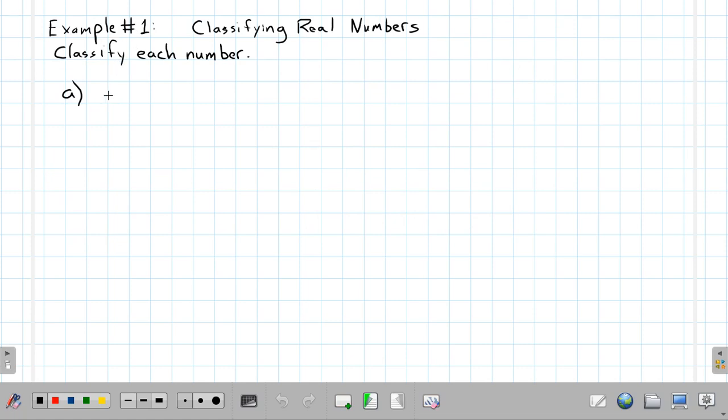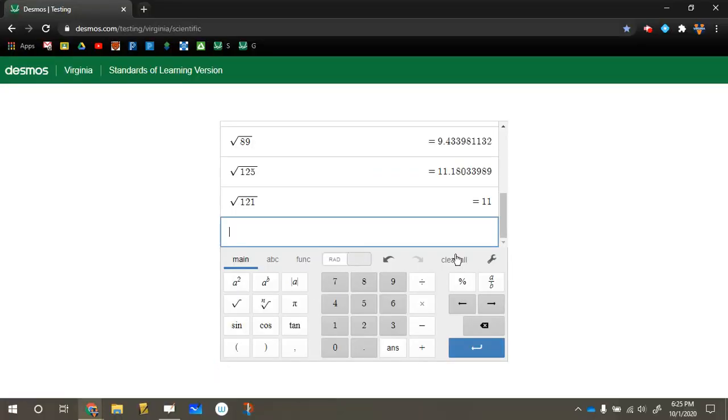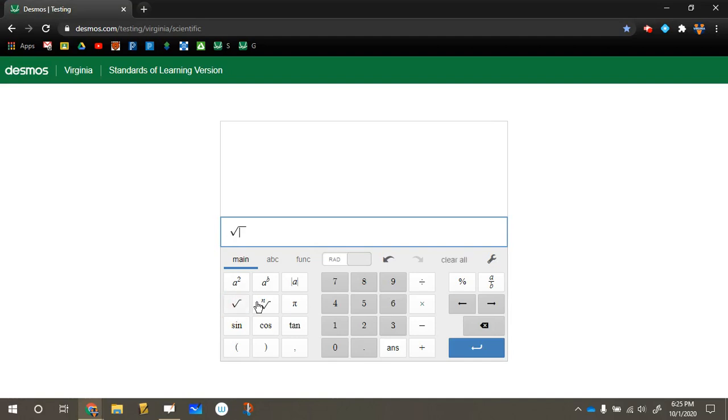So first up, we have the number square root of 12. Well, first step when we're doing any of these numbers, if the number's not already in decimal form or in standard form, we need to type this number out as a decimal or a whole number. Well, in this case, the square root of 12, look what happens.